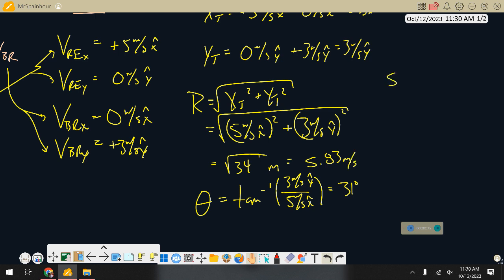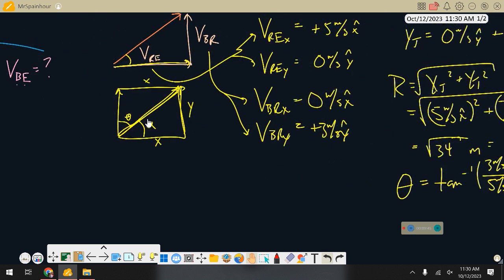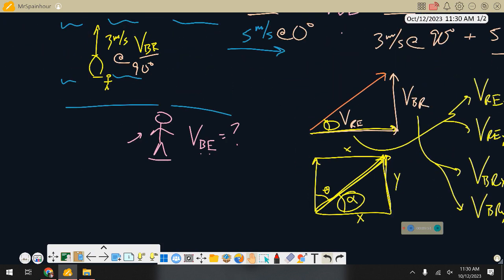Sorry, it's meters per second: 5.83 meters per second at 31 degrees from the river. Meaning, we are measuring this angle right here, or, going back to our original drawing, that angle right there, because it's being measured from the river.